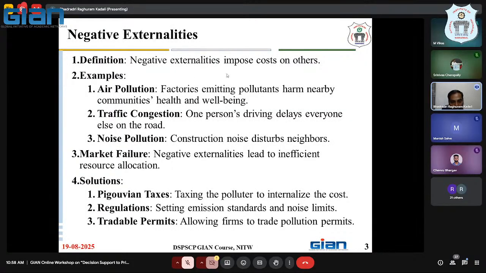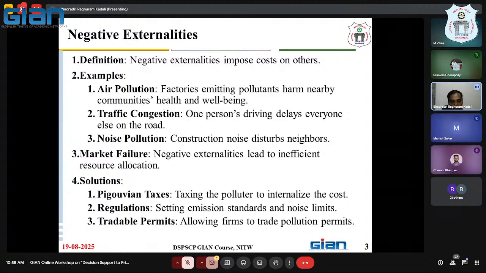Negative externalities impose a cost on others, like air pollution, where factories emit pollutants that harm the nearby community. In the same way, you are adding more vehicles to the road. These vehicles damage the road and cause air pollution, and those residing in those communities will be impacted.